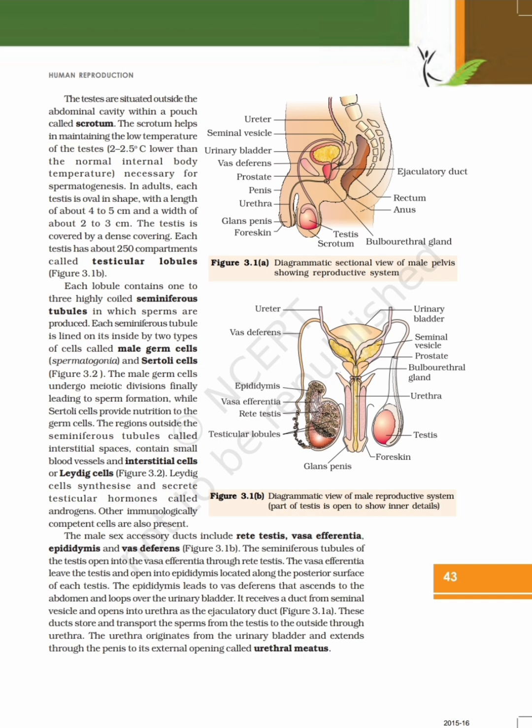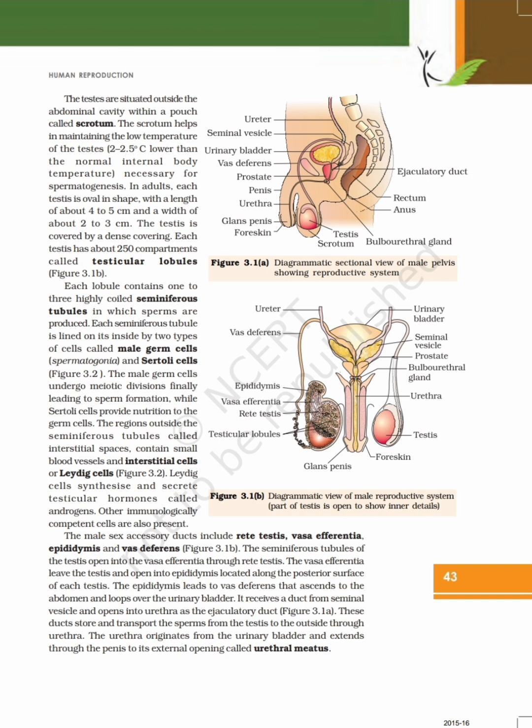Now, why are the testes located outside the abdominal cavity? Because inside the testes, spermatogenesis takes place. And what is the requirement of spermatogenesis? Spermatogenesis requires a temperature lower than the normal body temperature. How much lower? 2 to 2.5 degrees Celsius lower than the normal body temperature.